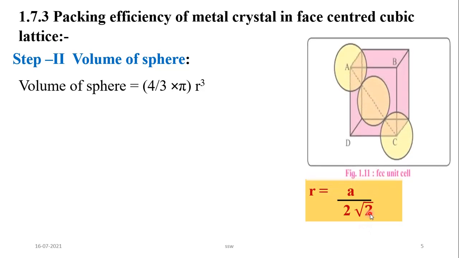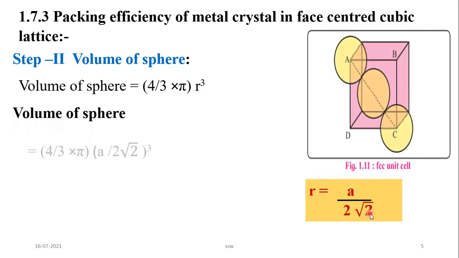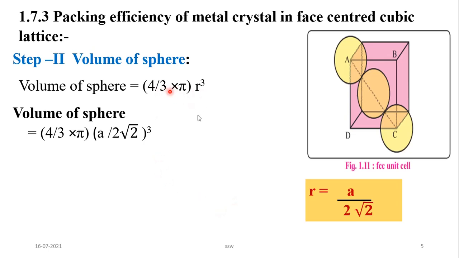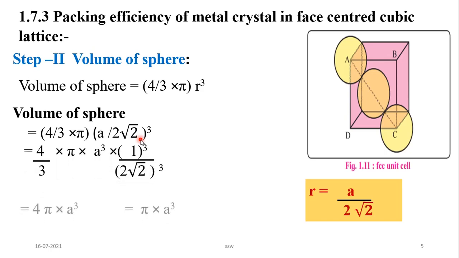So if you substitute this value of r in this equation, we get what? 4 by 3 into pi into the value of r, a divided by 2 root 2, raised to 3, the cube of this r. If you solve and simplify this, we get what?